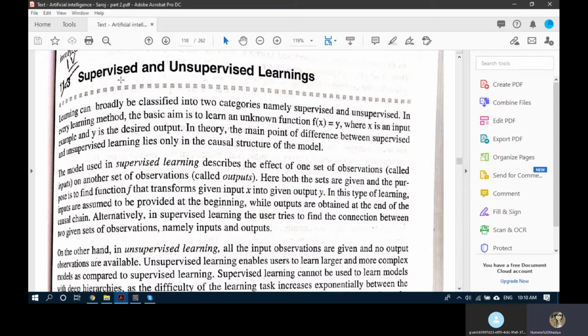Moving on to unsupervised learning. In this kind of scenario, outputs are not given, only inputs are given.